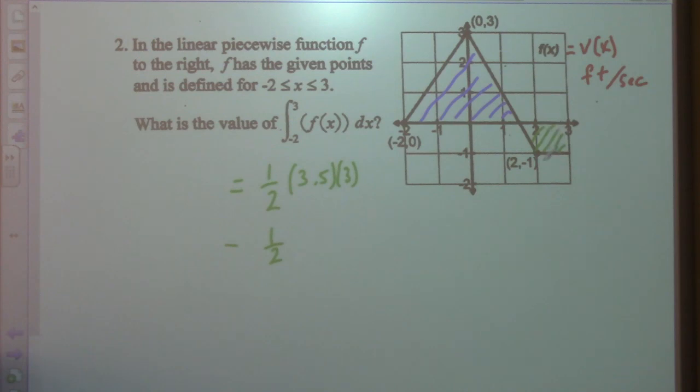What is the height going to be? 1. And then we're going to have base 1 plus base 2, so that's going to be 1 plus 1.5, right? That's an unsimplified answer, but it's an answer, right? So can we just call that good? Okay.